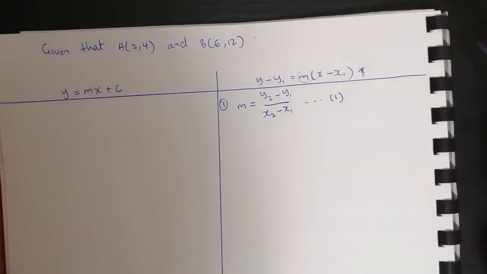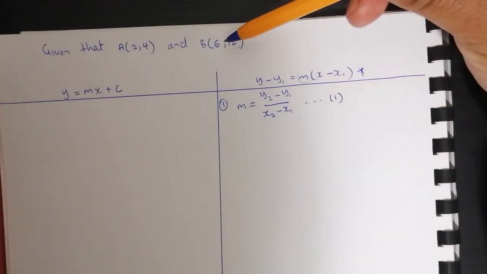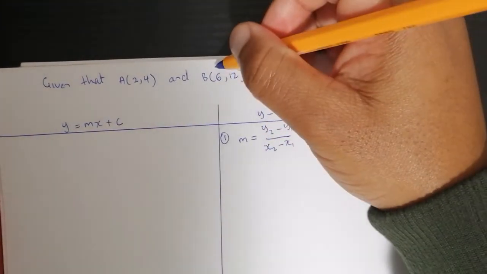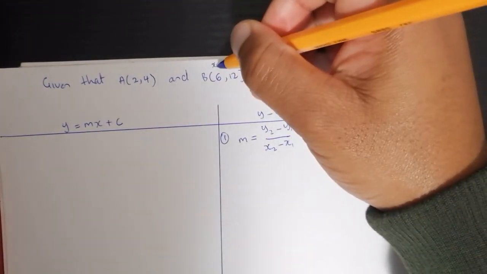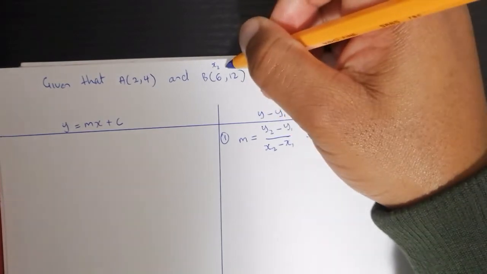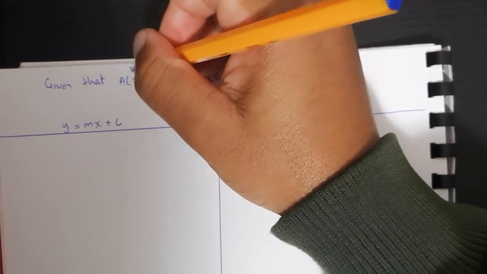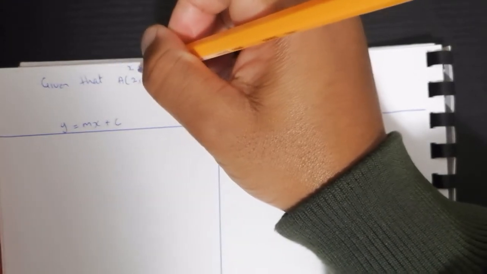Okay. And then you remember we have to do our mapping here, so we know that B is x2, y2, and then A is x1, y1.